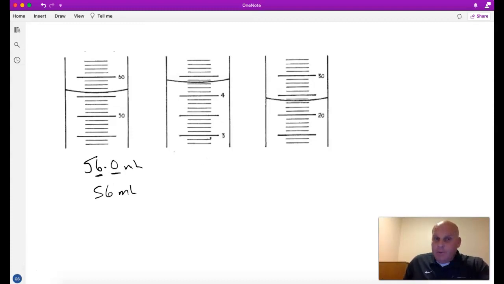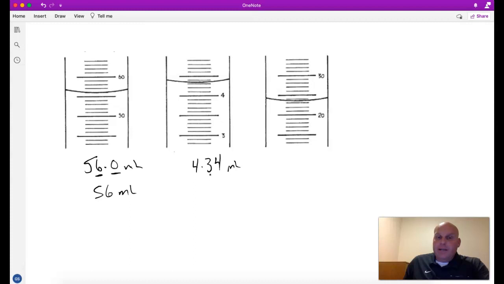In this example, I have 3 and 4. So now these lines in between represent the tenths place. So I should be recording my value here to the hundredths place. So this would be 4.1, 4.2, 4.3. So I know precisely 4.3. And I'm going to estimate here 4.34 milliliters.